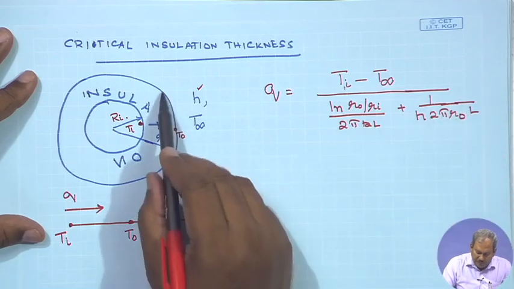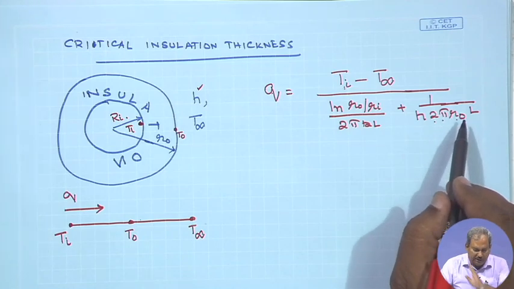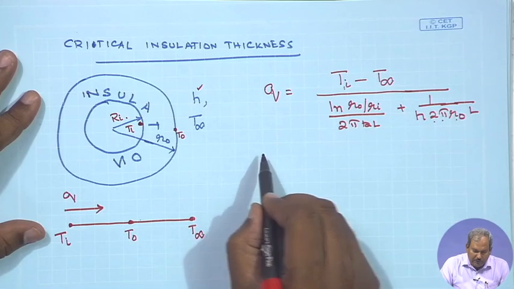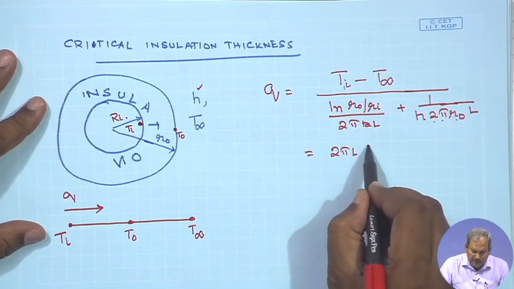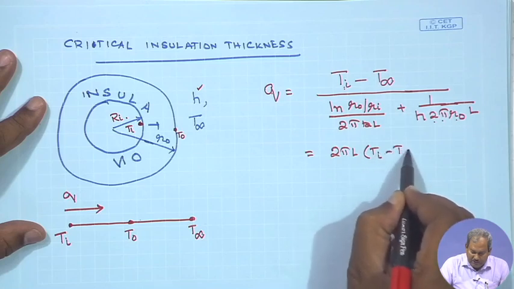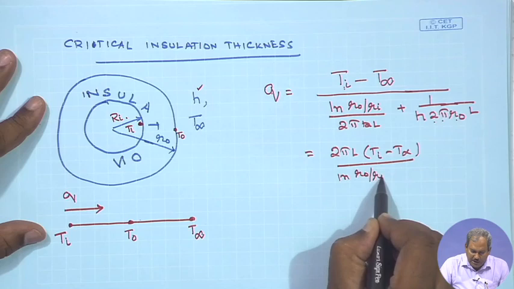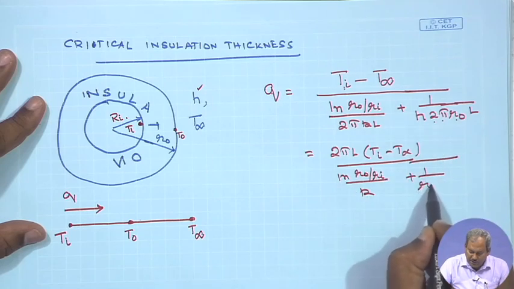The area available for convection is simply 2πR_o times L. This is a cylindrical system. So, one can write it as Q = 2πL(T_i minus T_infinity) divided by [ln(R_o/R_i)/k plus 1/(R_o h)].